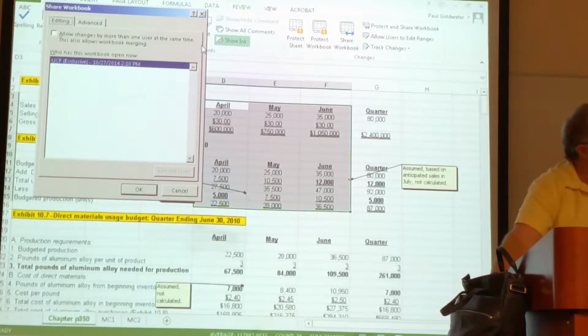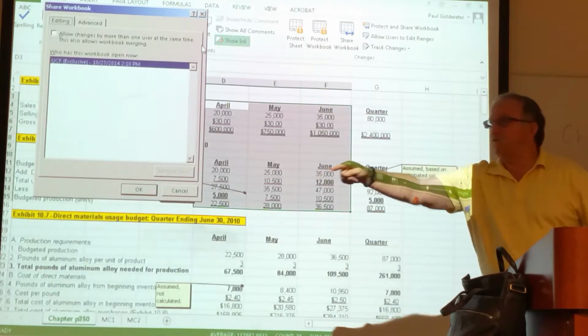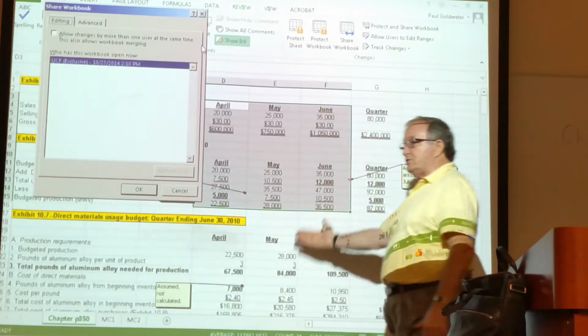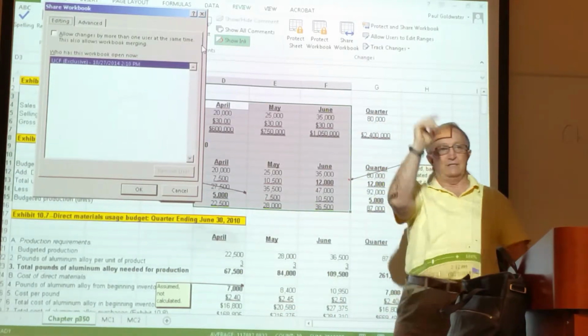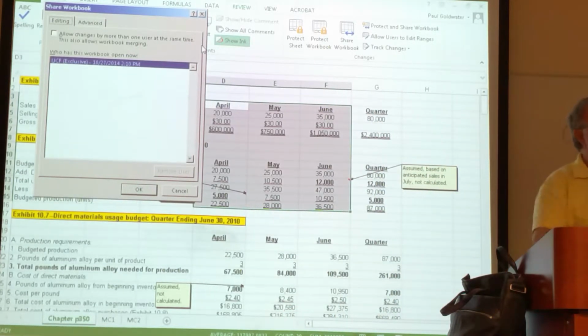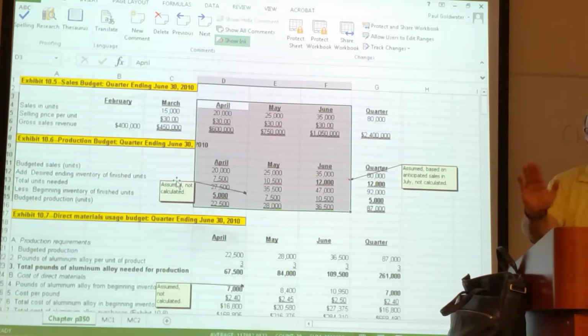Well, when you're doing budgeting, I need Brazil, Hong Kong, I need Philadelphia to change the numbers in the budget and save it. And that was the technical difficulty. Well, to accomplish that, you have to make use of this share workbook. Now, let me come out. At the moment, this workbook is not shared.